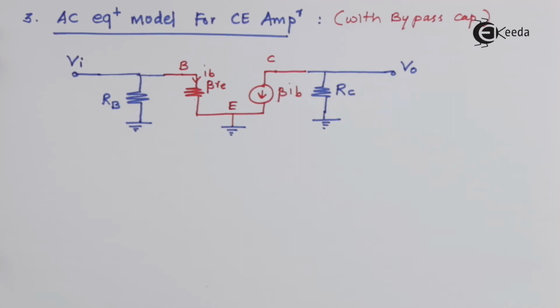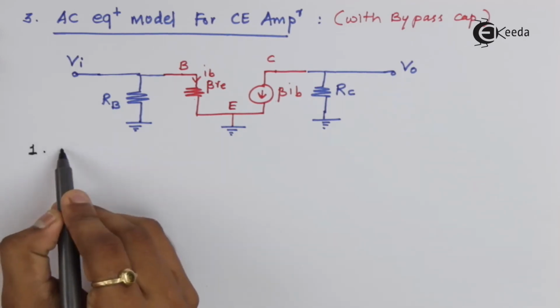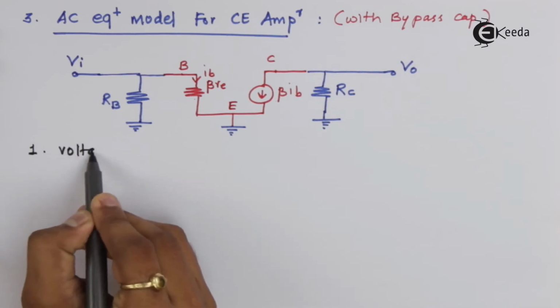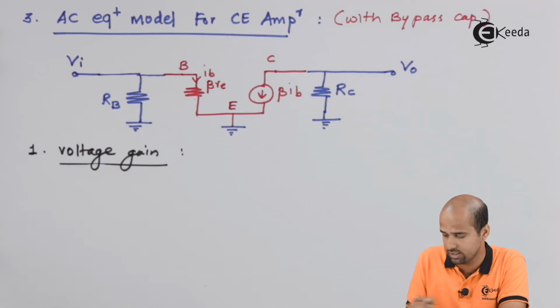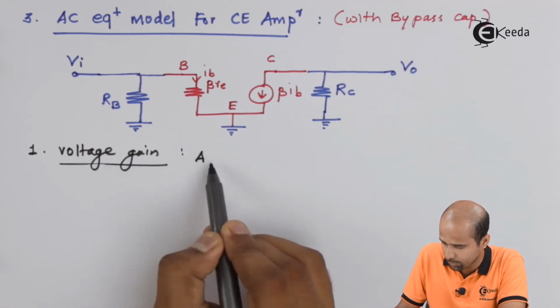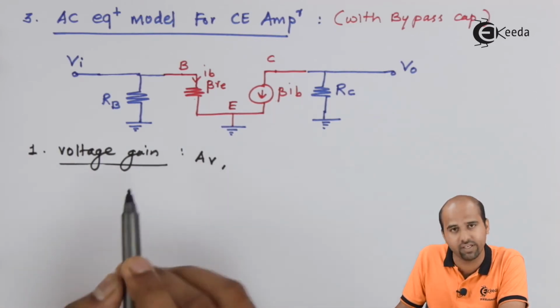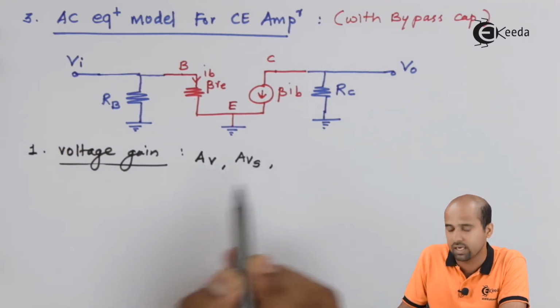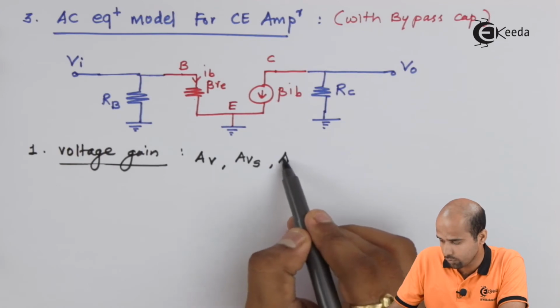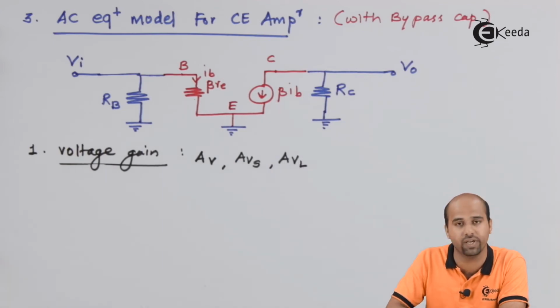First, we have to find out voltage gain. Now that voltage gain is represented in the form of AV, AVS, and AVL as well.